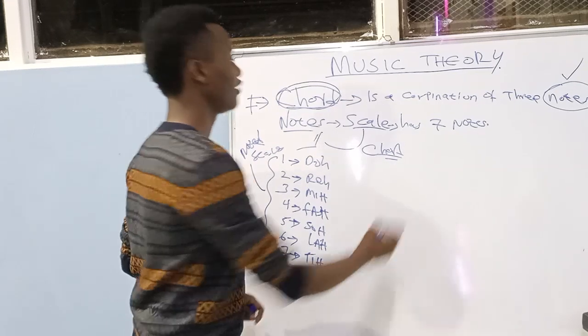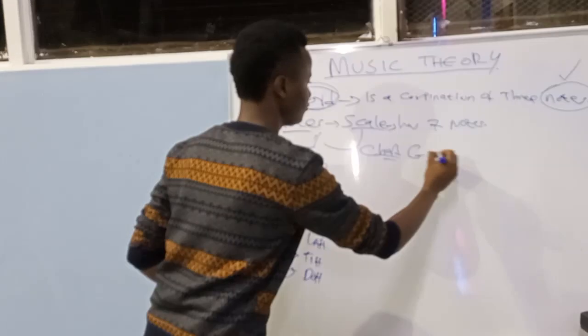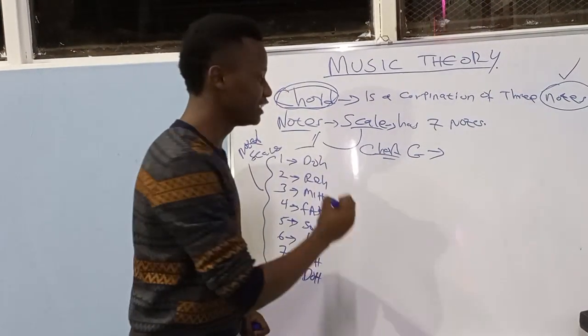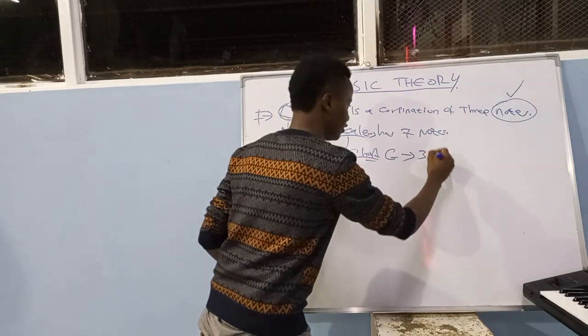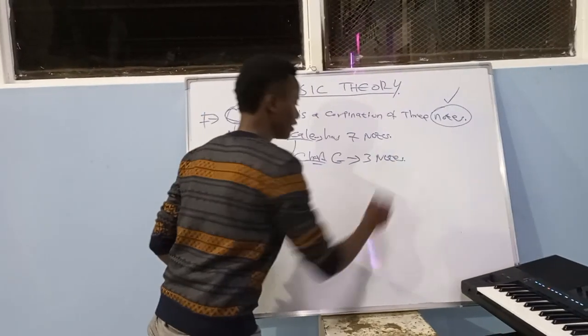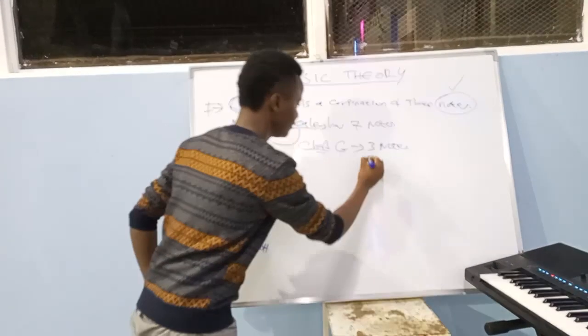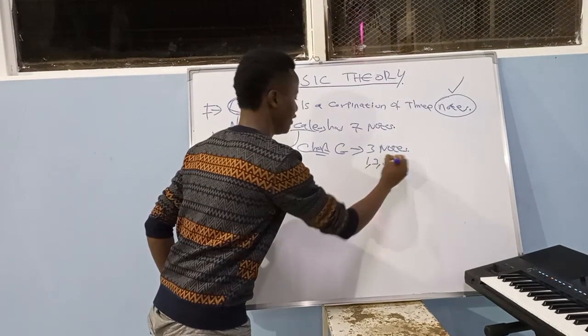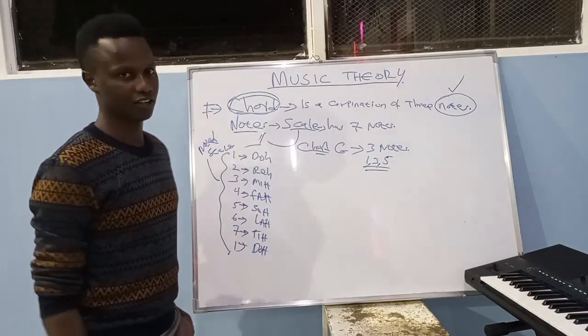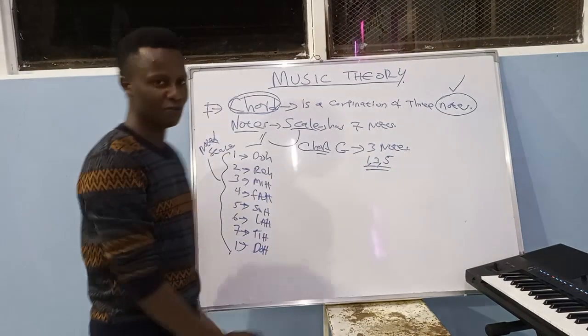For example, a chord G will have three notes. Which are these notes? The notes will automatically be 1, 3, then 5.